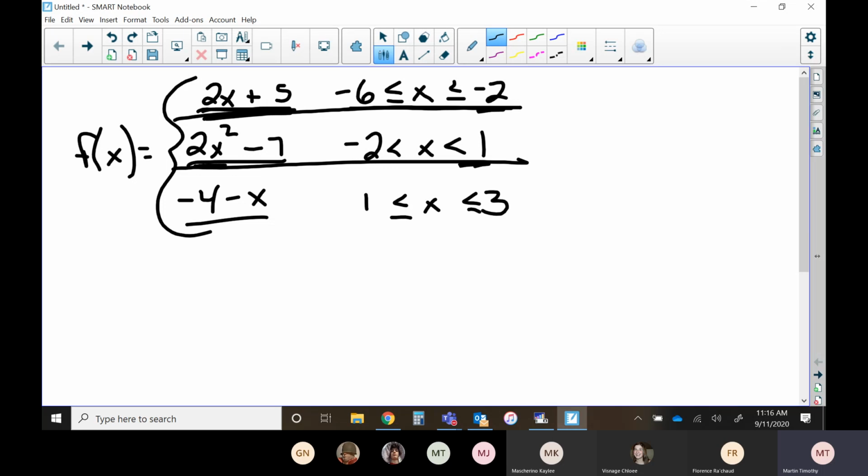You're going to use this equation when x is between -2 and 1. And finally, you're going to use this one when x is between 1 and 3. What does that mean my domain can only be for this graph? -6 is the lowest x will be, and 3 is the highest it will be.